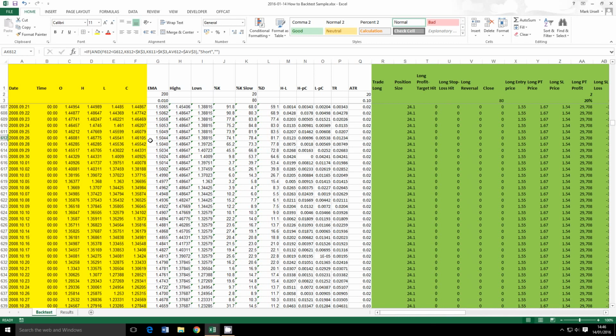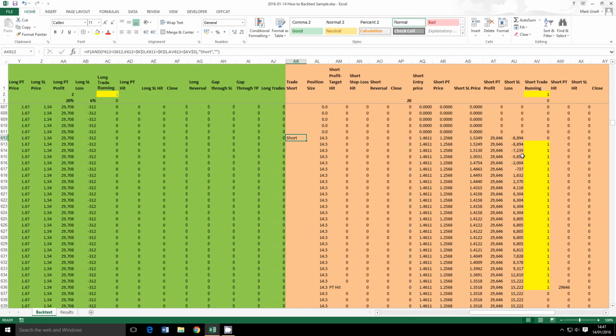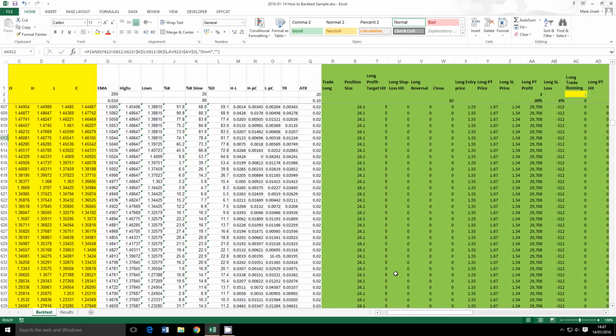And we can see just by eye quite easily that yes, it was. Now, if I go over here to the %K slow, we can see also that the %K slow had just moved from above to below the 80 line. So that seems correct. And also, there was no previous trade running. Okay, so just for a very quick glance, it seems that the model is working correctly.